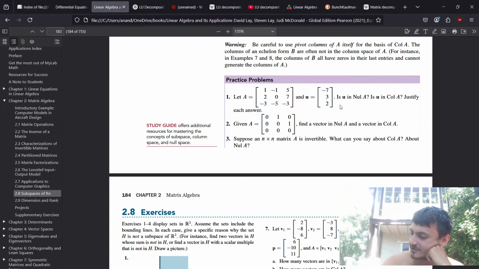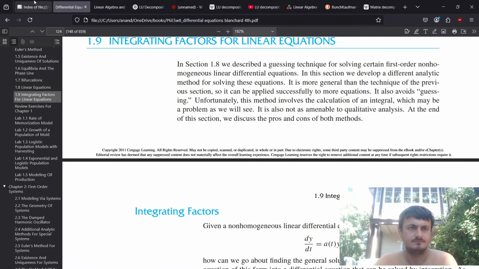So I think actually you can be. I think a vector can be in the column space and the null space. Is that true?